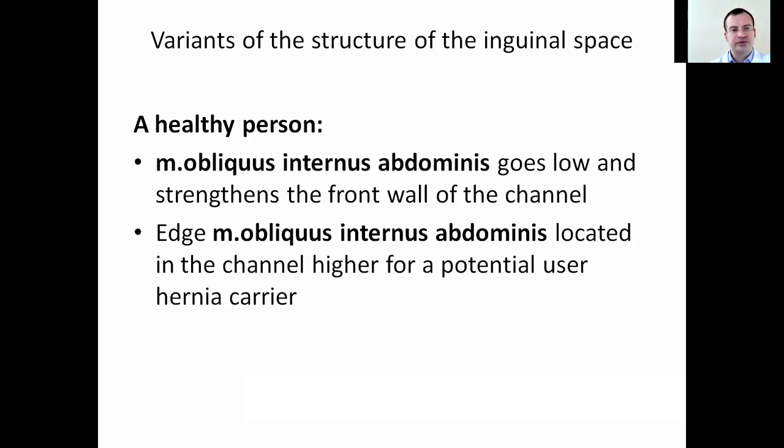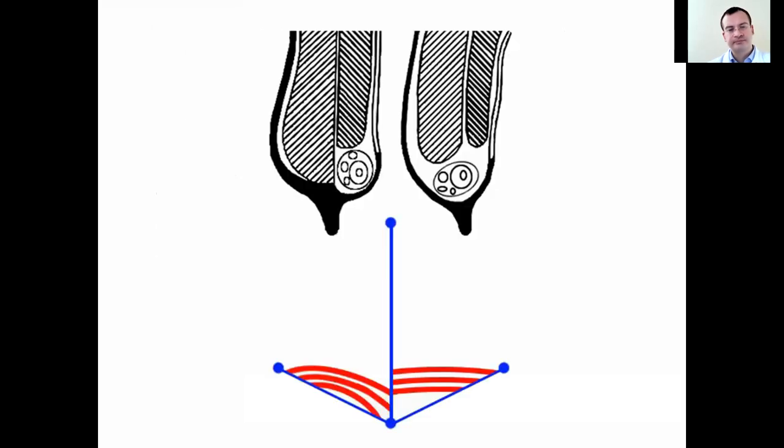The variance of structure of the inguinal space in a healthy person. Musculus obliquus internus abdominis goes low and strengthens the front wall of the canal. The edge of musculus obliquus internus abdominis located higher in the channel is a potential hernia carrier.